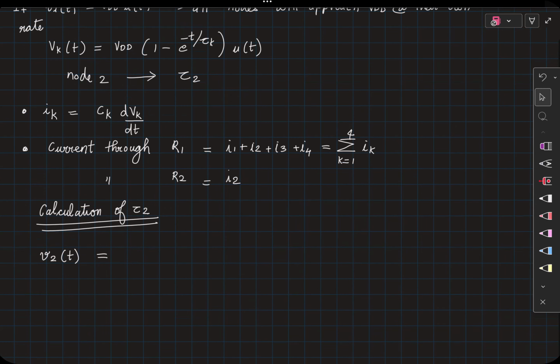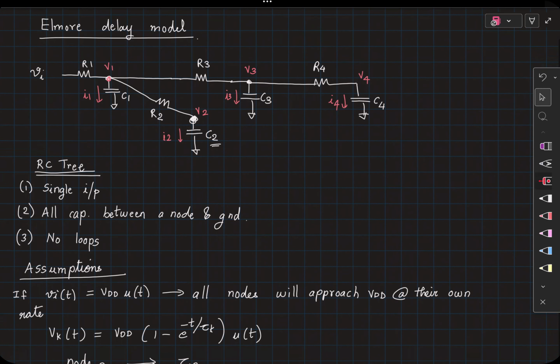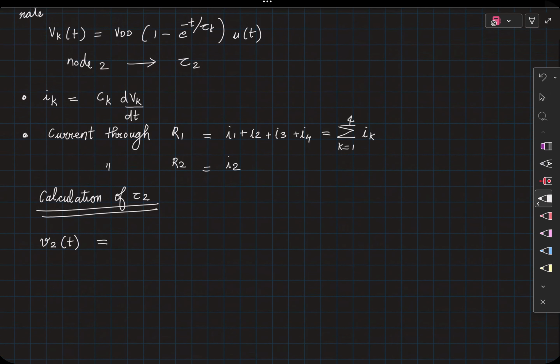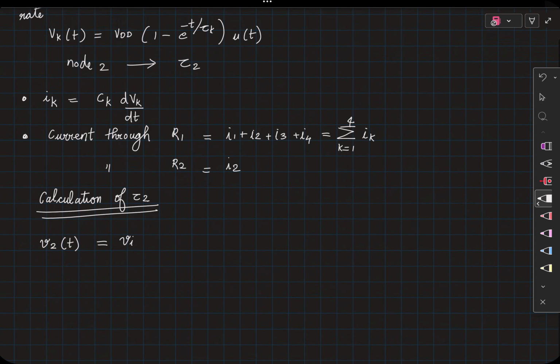This is equal to whatever is the voltage you have here minus the potential drop in this path. Right? So the voltage you have here minus the potential drop in this path is going to give you the potential here. So V2 of t can be written as Vi of t minus the potential drop.